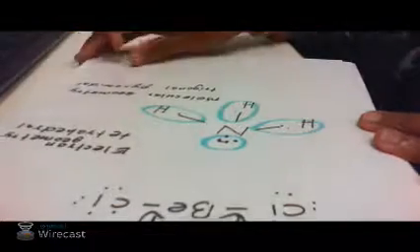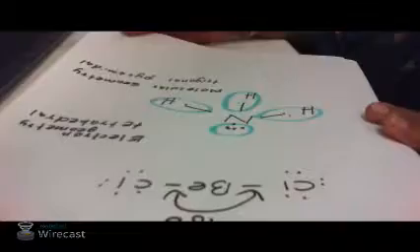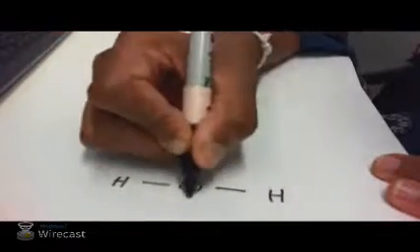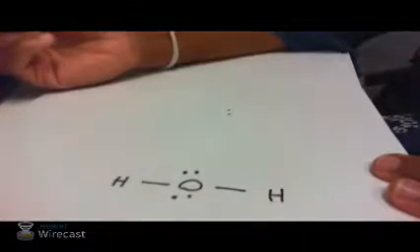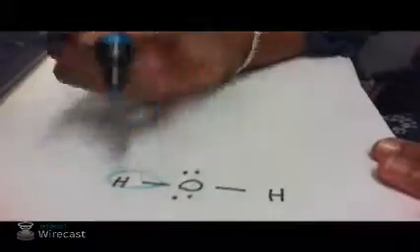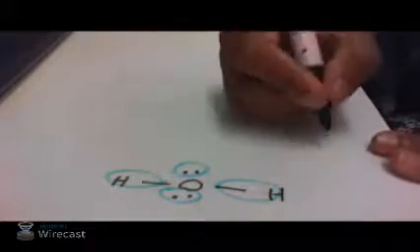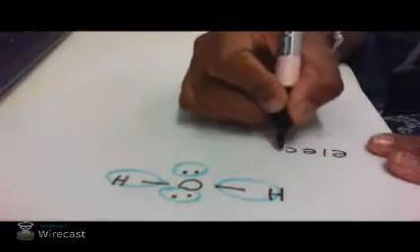Let's take another example to see the difference between electron geometry and molecular geometry. Let me take water as an example. H2O, you need to draw the Lewis structure. O is the central atom, with hydrogen, hydrogen. I have two lone pairs. So, how many electron domains? 1, 2, 3, 4. 4 electron domains around the central atom. In electron geometry, you just count the number of electron domains around the central atom.